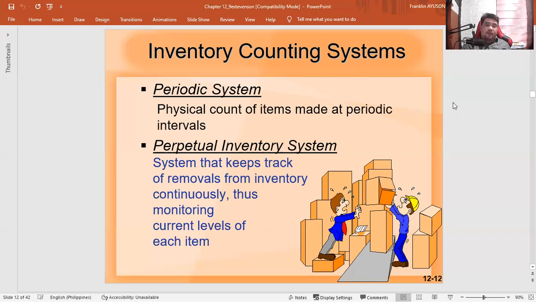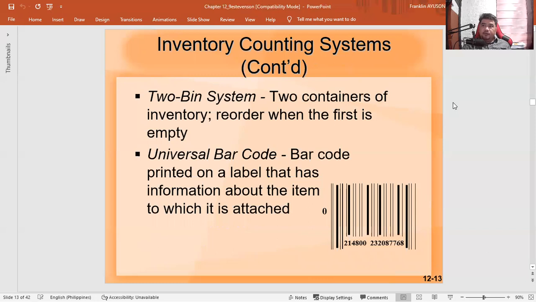So perpetually you are replenishing those out-of-stock or limited stock items. A two-bin, first in, first out, one bin, two bin policy. Pag naubos na yung first bin mo, gagamitin mo yung second bin, magre-reorder ka na. On the other hand, ginagamit natin minsan yung tinatawag na universal barcode or barcode.